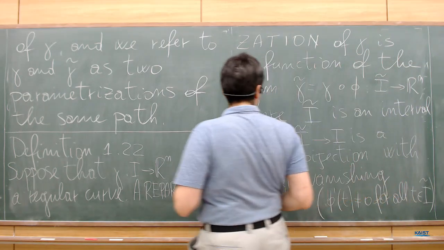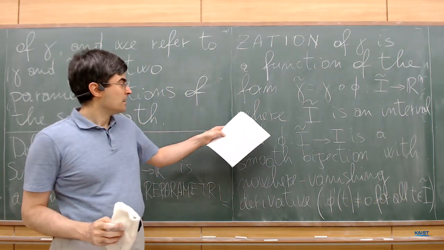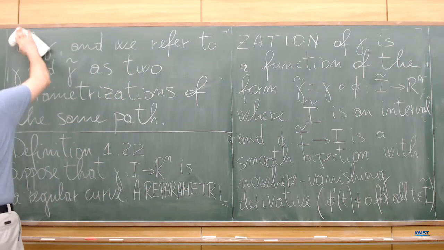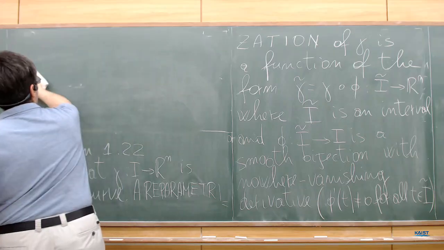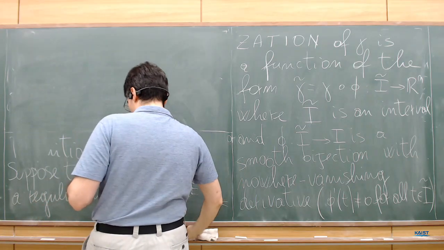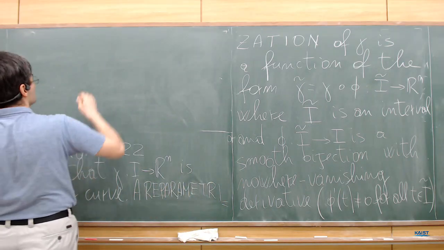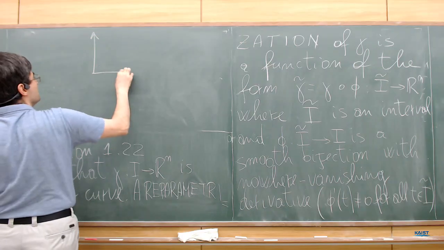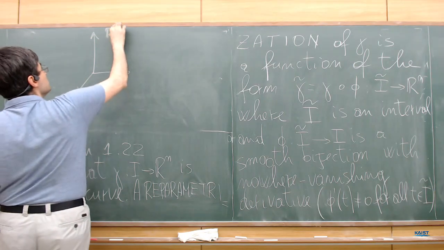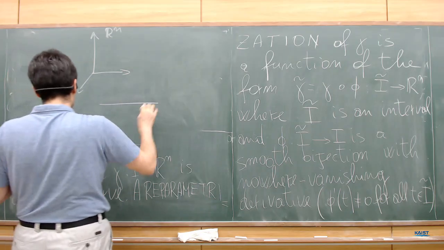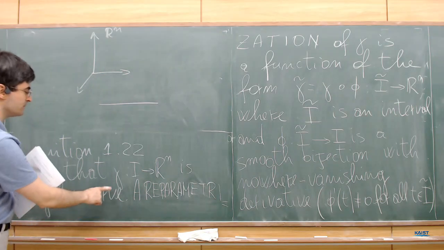It is possible to give a visual interpretation of this definition. So suppose that this is Rn. This is the interval I on which gamma is defined.